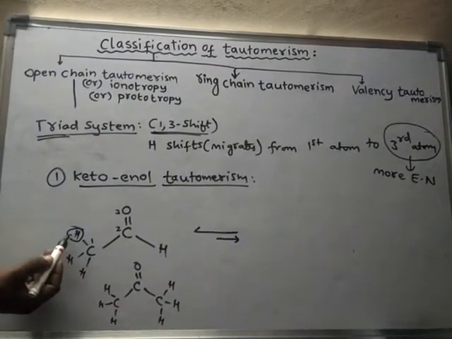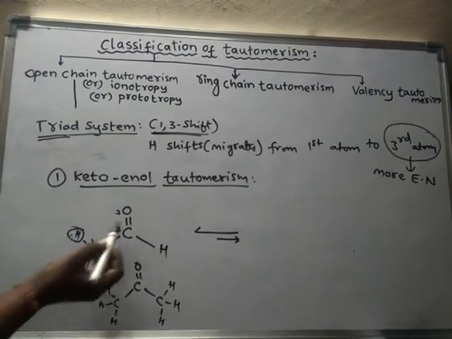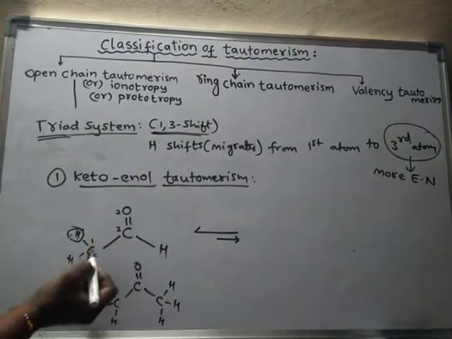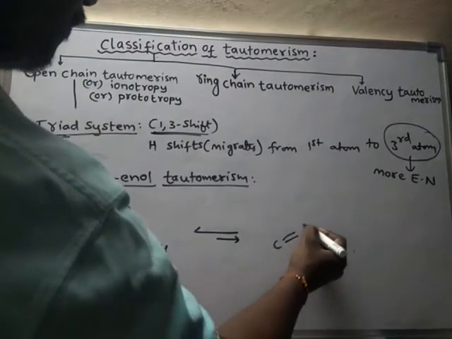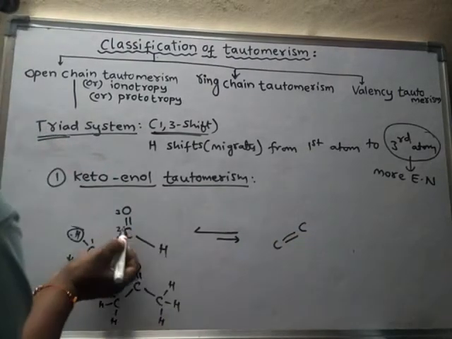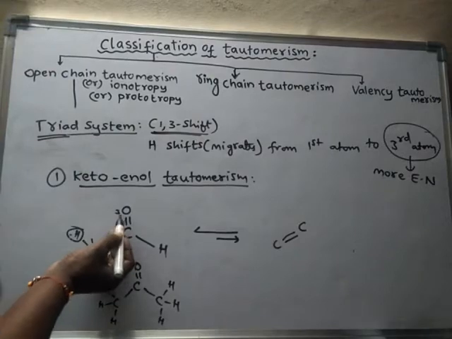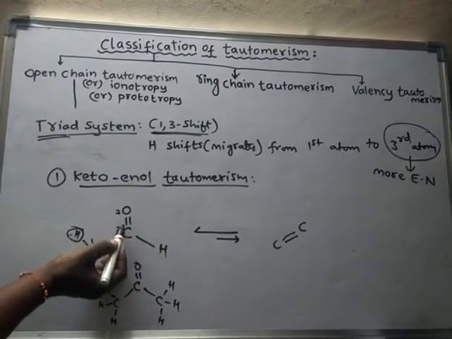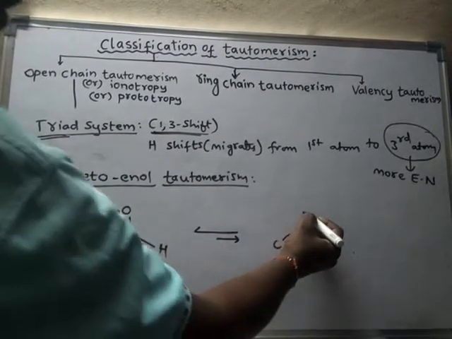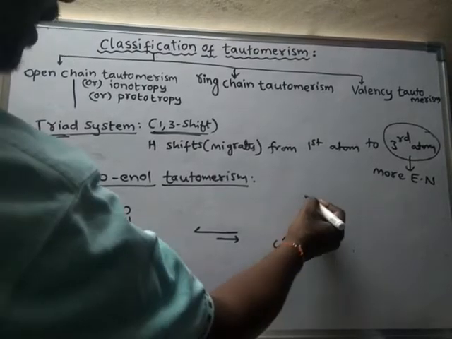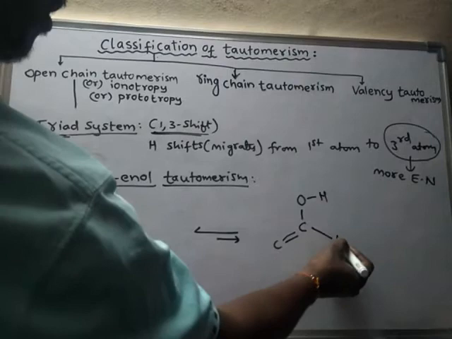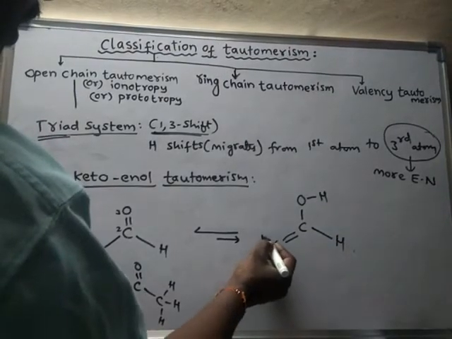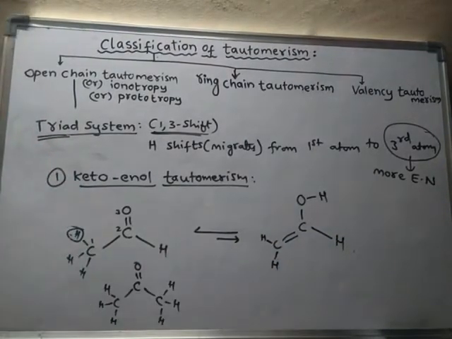Here hydrogen will shift to this atom, and the pi bond will shift between these two carbon atoms, from carbon-oxygen to carbon-carbon. So a single bond is left over here, and this oxygen is attached to hydrogen now. Here this carbon is having only two hydrogens now.